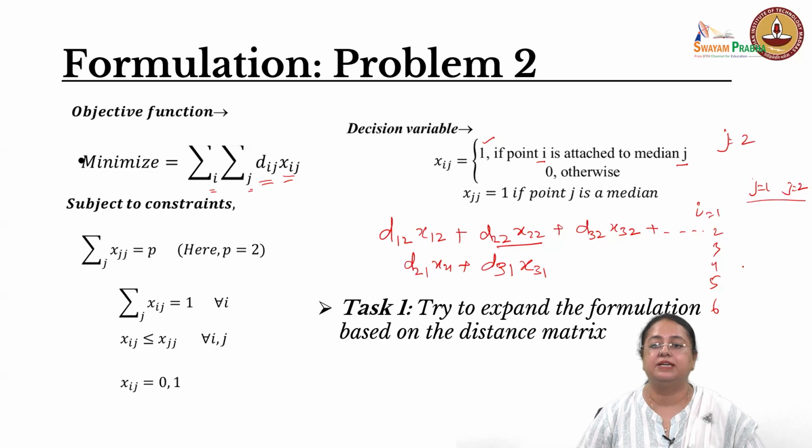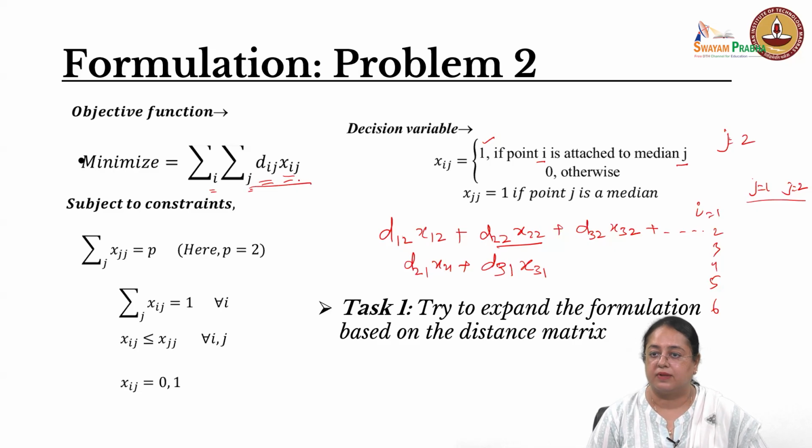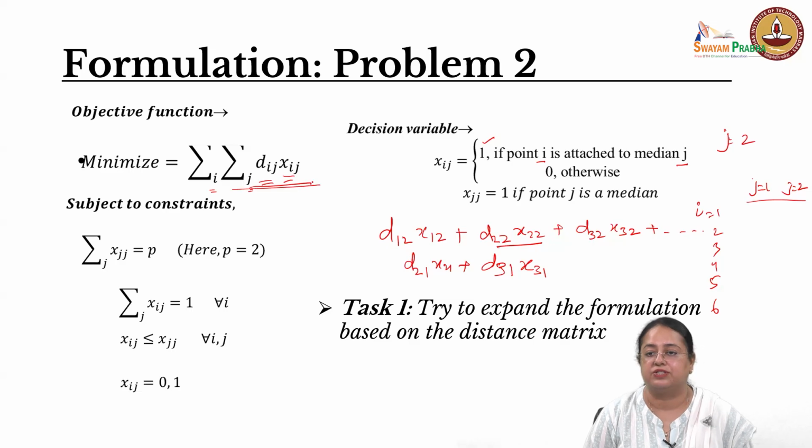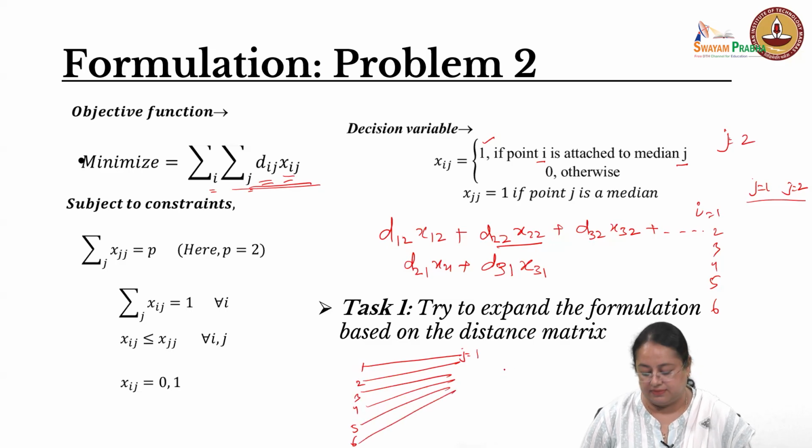But we need to investigate all. So if you expand all that, how would it be expanded? This is the objective function, correct? If j is equal to 1, then for i equal to 1, 2, 3, 4, 5, 6, the distances between all the facilities would be added, correct?